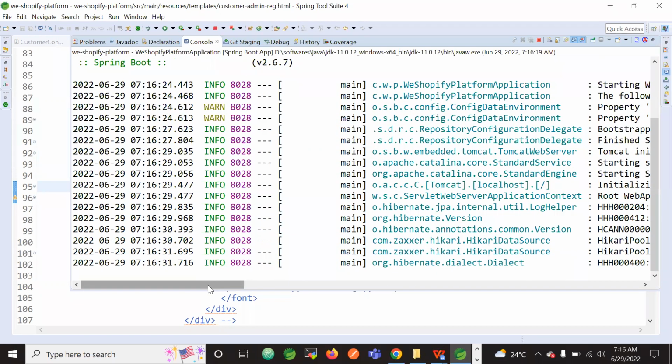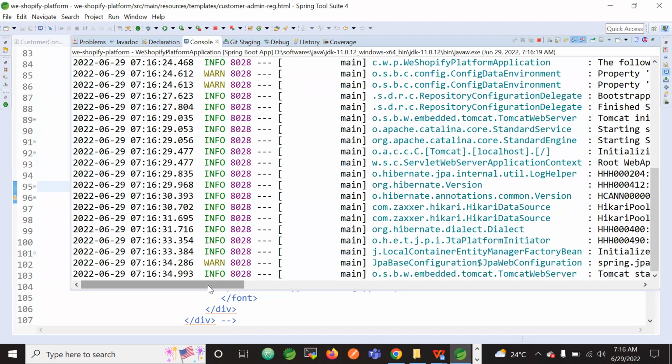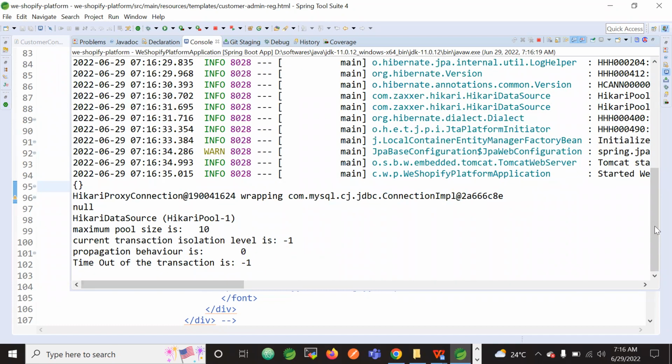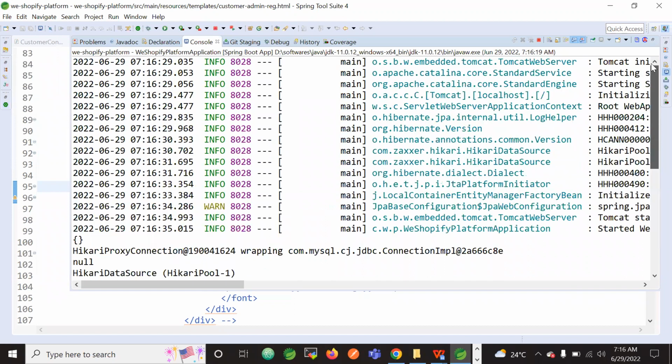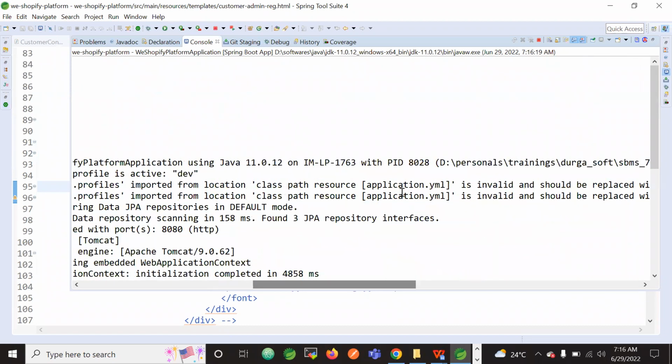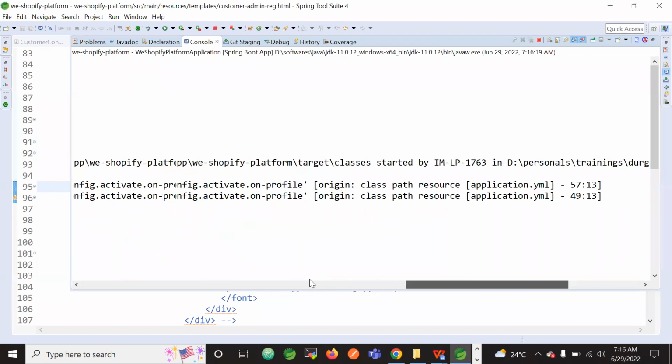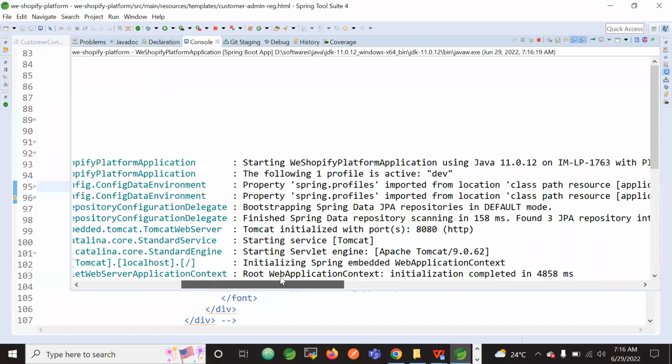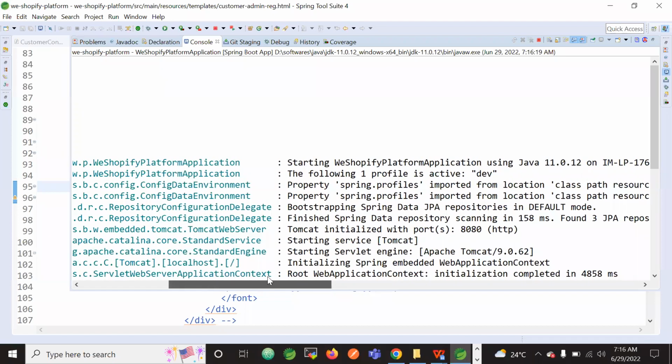So let the application start. Yes, the application is started. Now if you can see here, there is a process created with the process ID 8028. There is one process created. All the modules were inside that process.